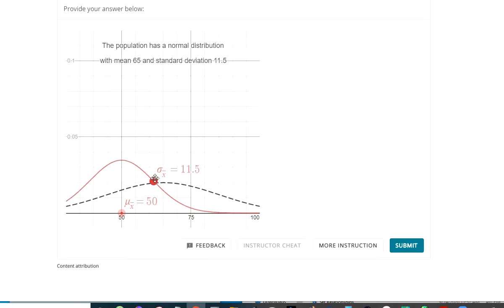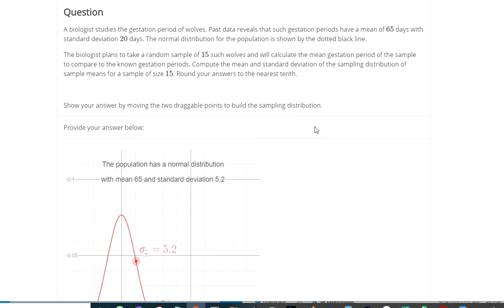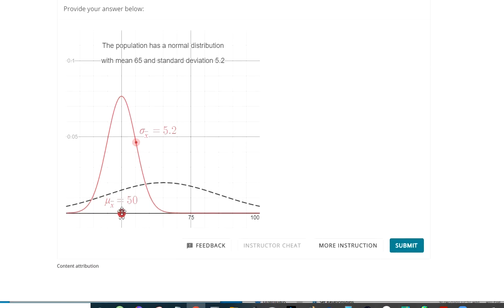That's our standard deviation of the mean. 5.16 rounds up to 5.2. Okay. Let's see what else we have to do. The mean of 65. Move that over to 65. I think that's all they want us to do for this question.